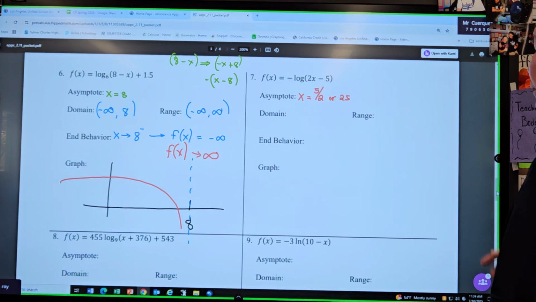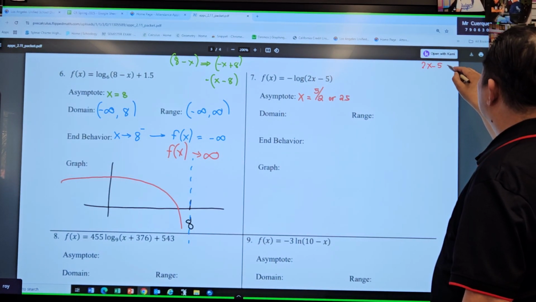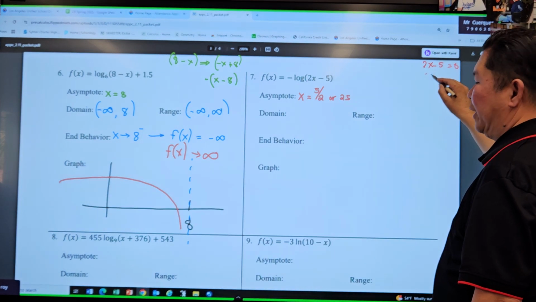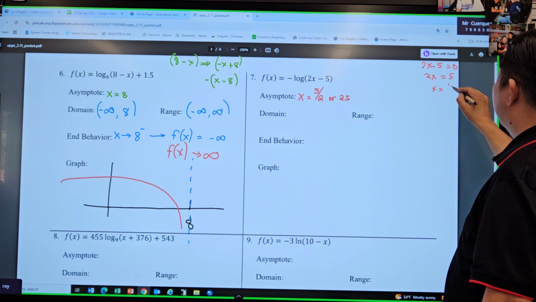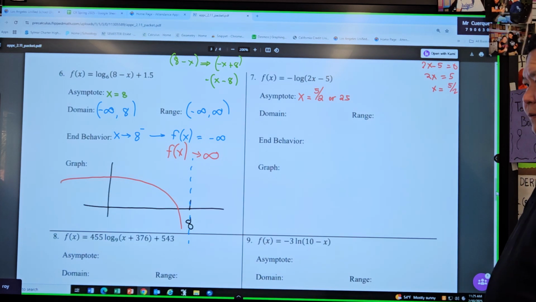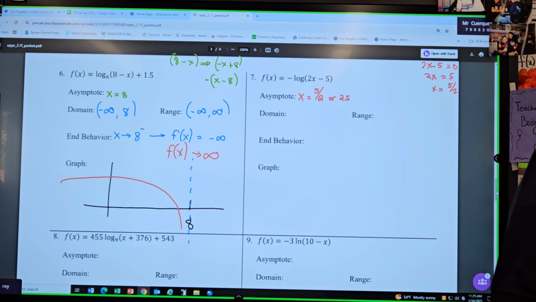Remember, you have 2x minus 5 equated to 0, so 2x is equal to positive 5, so x therefore is 5 halves. So what is the asymptote now? The asymptote is 5 halves or 2.5.